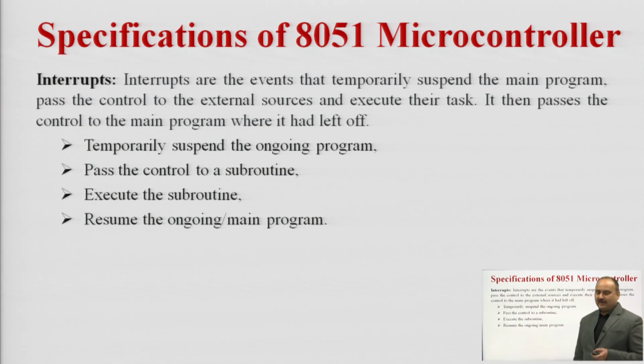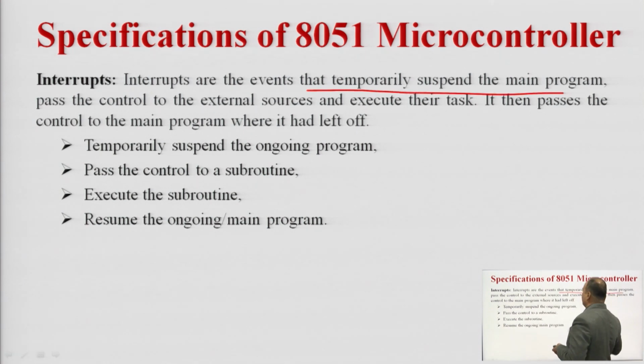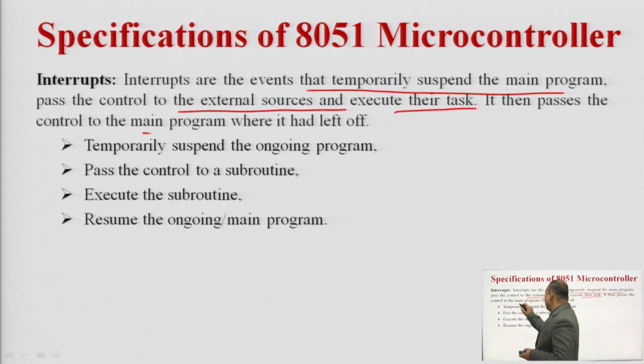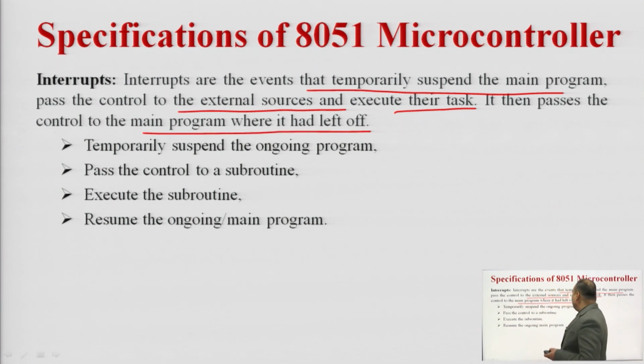Next specification of 8051 microcontroller is the interrupts. Interrupts are the events that temporarily suspend the main program, pass the control to the external sources and execute their task. It then passes the control back to the main program where it had left off. So, an interrupt can occur from the outside world or from an external device.